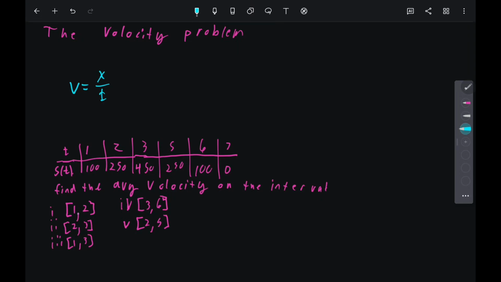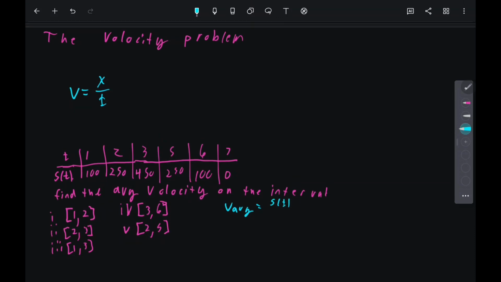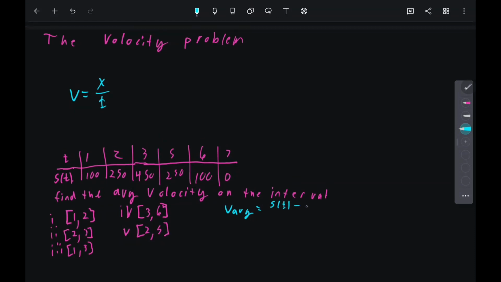So let's start out by finding the average velocity from 1 to 2. Well, V average is going to be the same thing as S of t2 minus S of t1 all over t2 minus t1, where S of t is a common way of saying position.